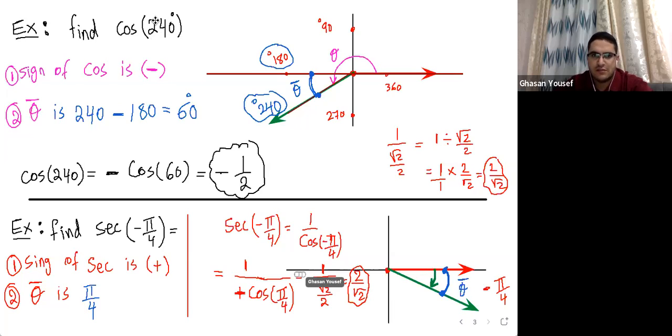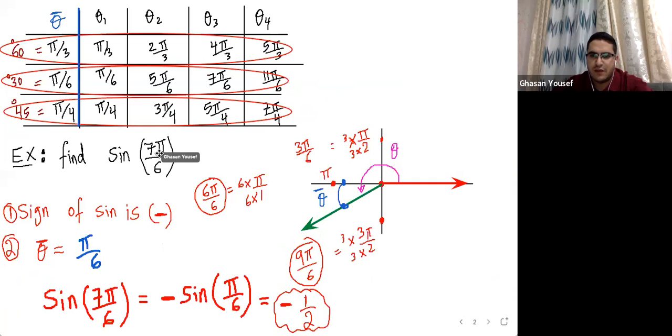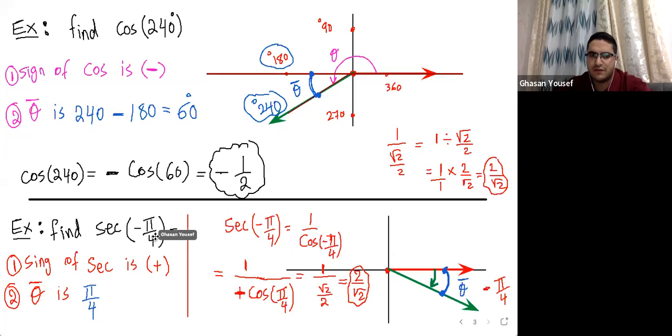Here, the angle is positive, which means we have to move counterclockwise. In the previous example, it is positive 7 pi over 6, so counterclockwise 7 pi over 6. But here negative pi over 4. Negative means clockwise. Okay, so it's fine now. It's clear.